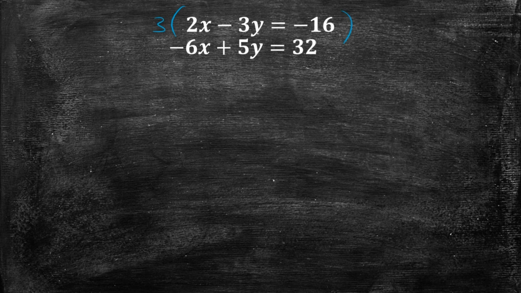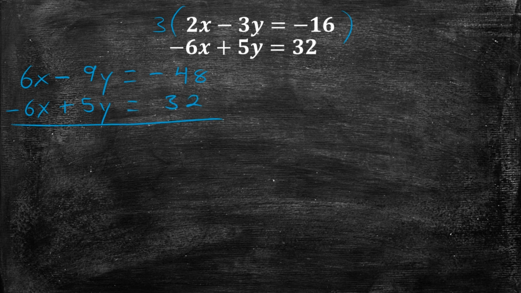And when we do that, what we are going to get is 6x minus 9y is equal to negative 48. And then we just write down the second equation right under it again. So then we have negative 6x plus 5y is equal to 32.